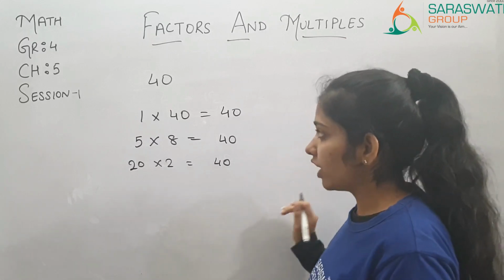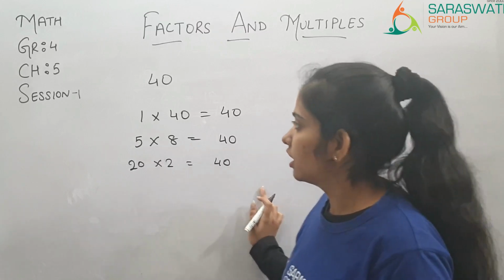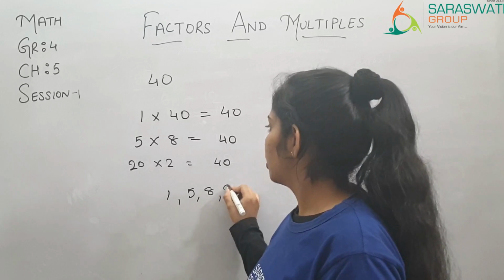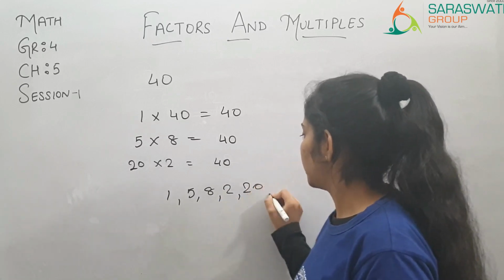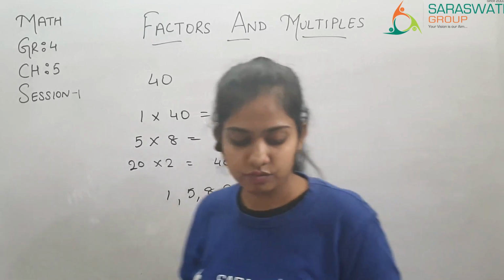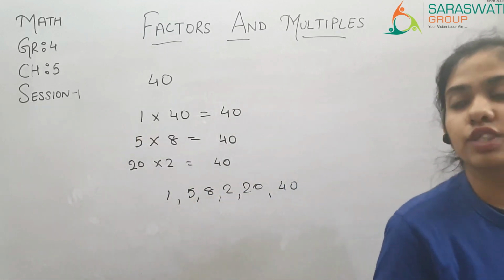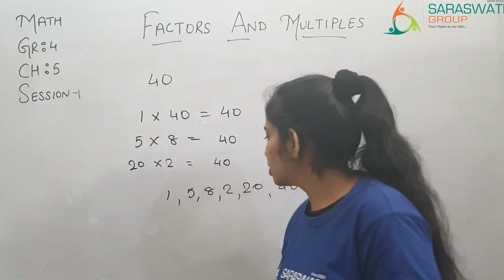So what are the factors of 40? That is 1, 5, 8, 2, 20 and the number itself, 40. So these are the factors of 40.